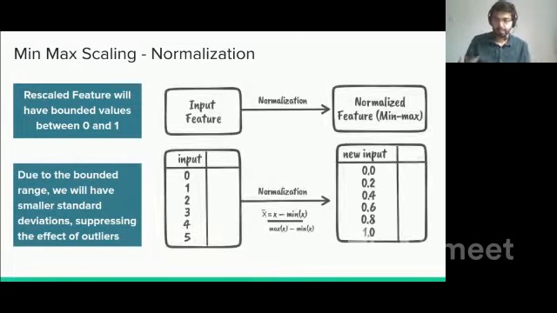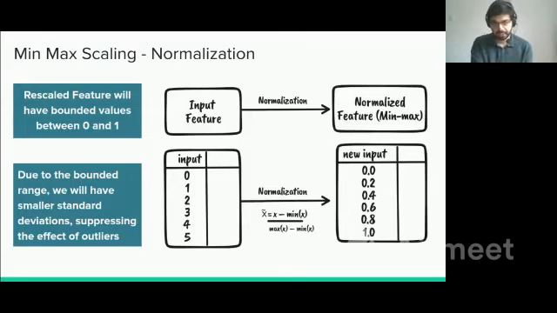The way it happens is that you have an input feature with different values, and then you perform normalization, in this case min-max scaling, and you get a normalized feature which has values between 0 and 1. The formula to do that is also mentioned in the diagram there. You can just take a look.